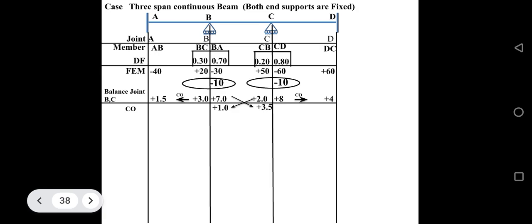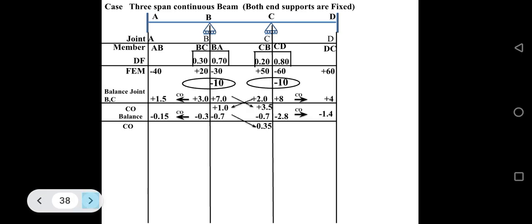We need to balance it. Therefore again multiply with the distribution factor, 0.3 and 0.7, and distribute with the opposite sign. Similarly 3.5 is to be multiplied by 0.2 and 0.8 and distributed with the opposite sign. Carryover at C to D as well as from B to A because both ends are fixed.